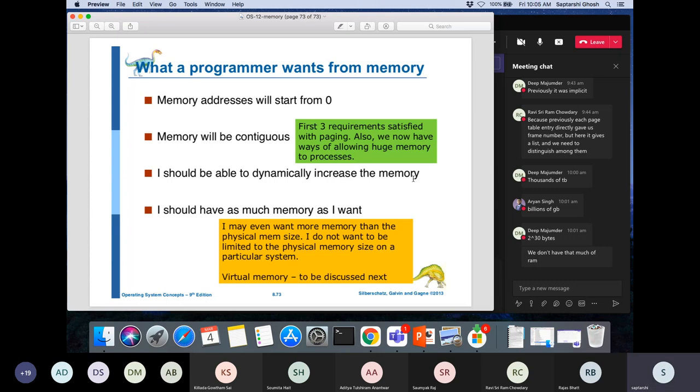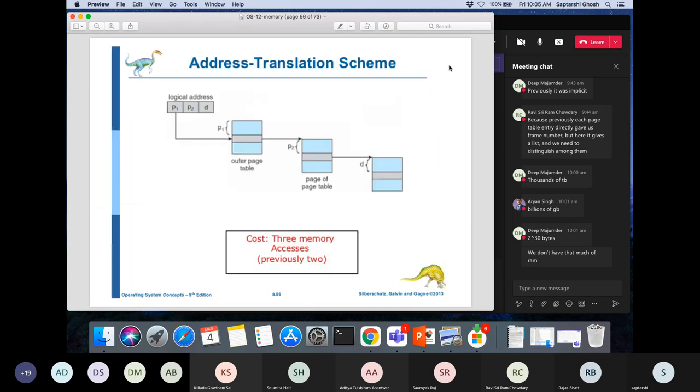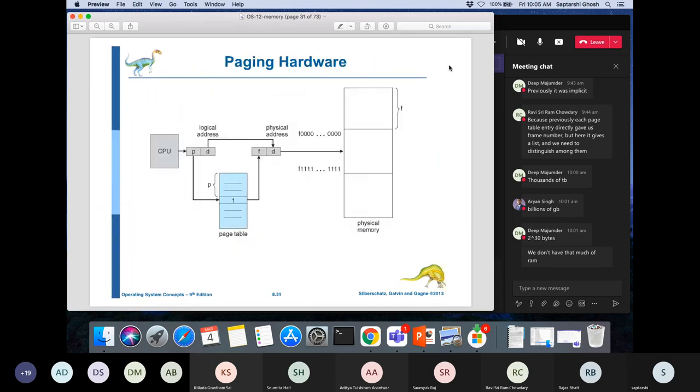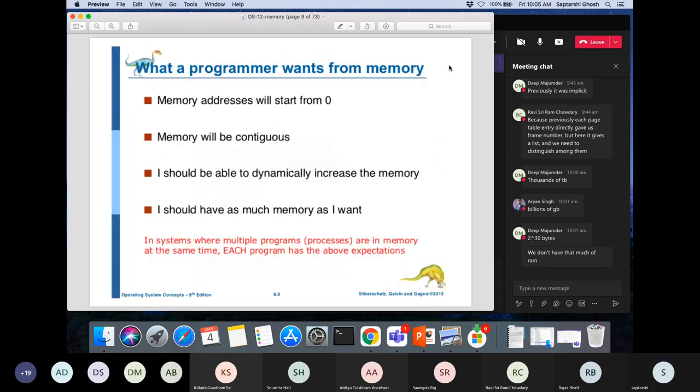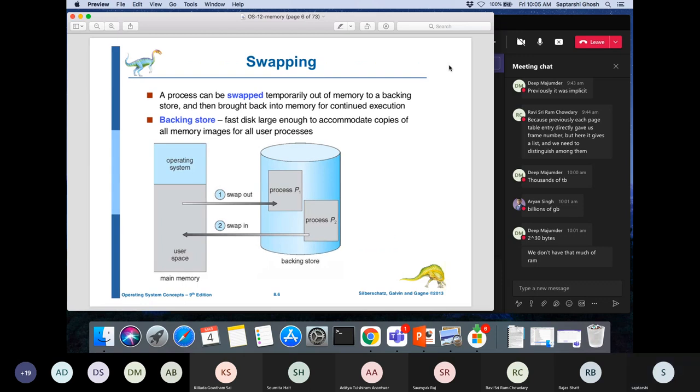In relation with this, how can it even be possible that programs want more memory than is there in the physical RAM? Okay, it's natural to have forgotten. Let me just show you that slide once. So this slide.